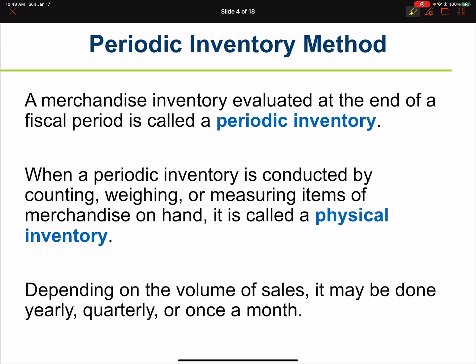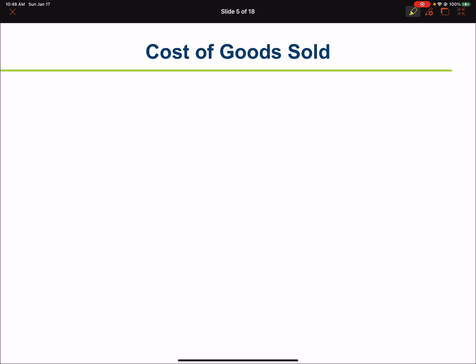The periodic inventory method is easier to maintain than a perpetual inventory. That's because a periodic method does not require records of quantity and cost of individual goods. Merchandising businesses with manual accounting systems usually use the periodic method.